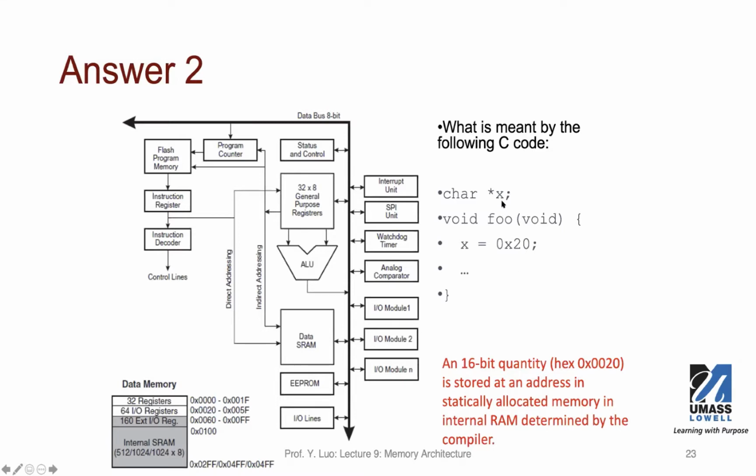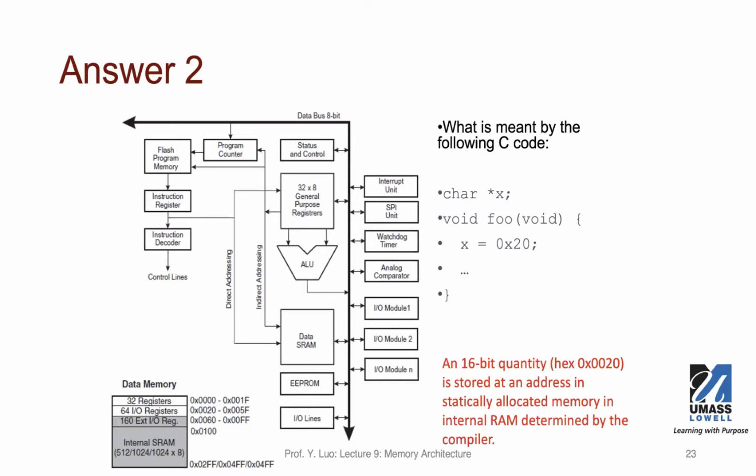And this variable X is stored at an address in the statically allocated memory in the internal RAM, determined by the compiler. So this variable is somewhere here, but this variable is a 16-bit value. And when we go into this function, you assign 20 to X. That is to say, this address is now assigned 20.